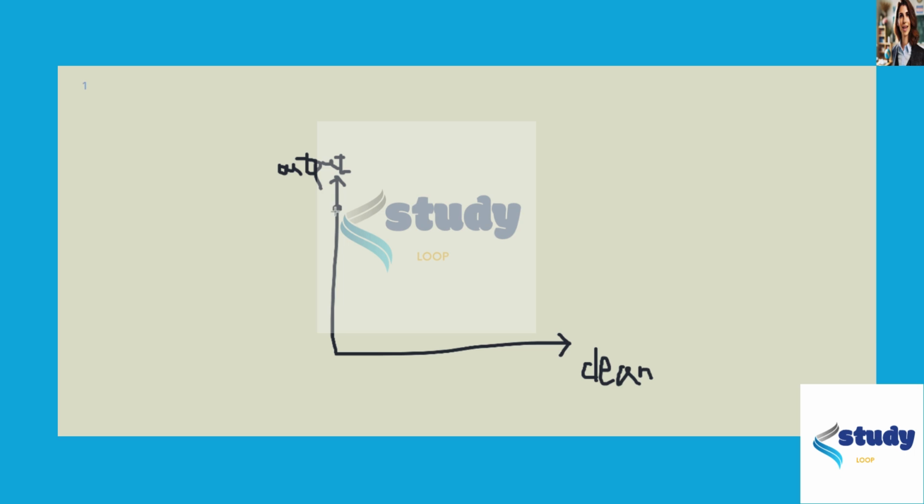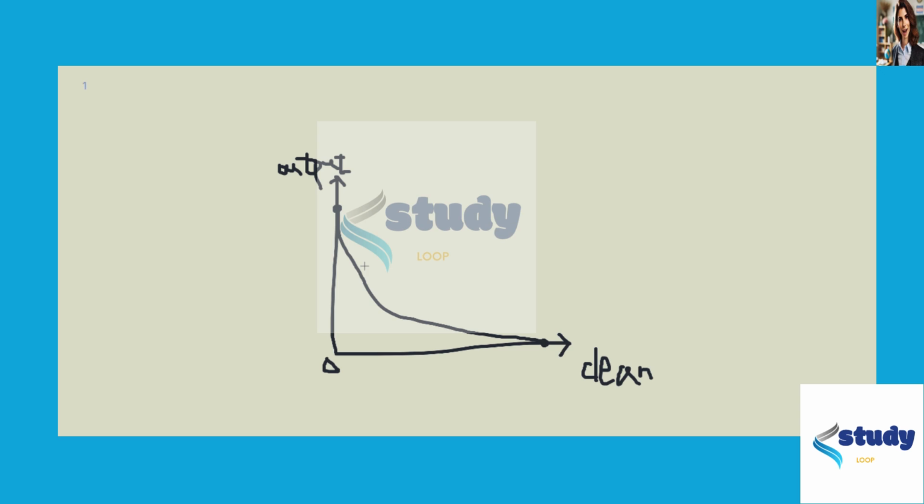So I will draw these two dots here and then connect them with a convex function. Because I think that when we produce a lot of output, in order to make the environment a little bit cleaner, we have to sacrifice a lot.